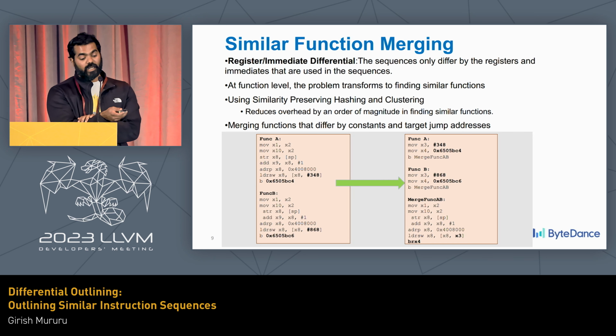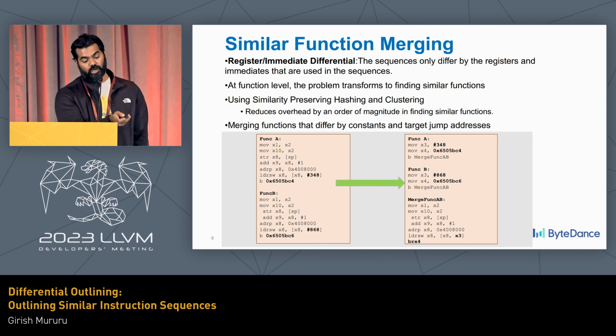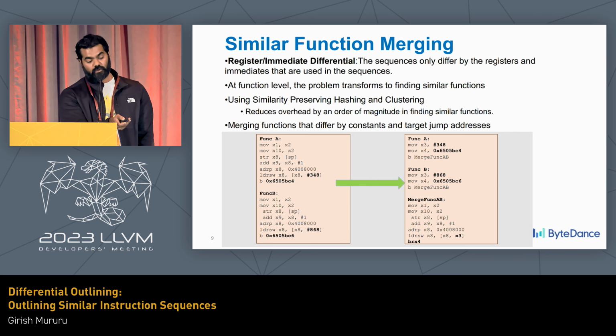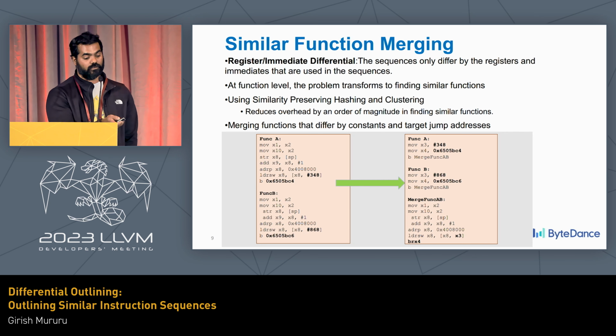So we are able to find all the similar functions within our social media app very quickly. And then what we plan to do is replace these constants with registers, and also replace the jump addresses with registers, and we can outline these functions. And we are currently implementing this in the linker.